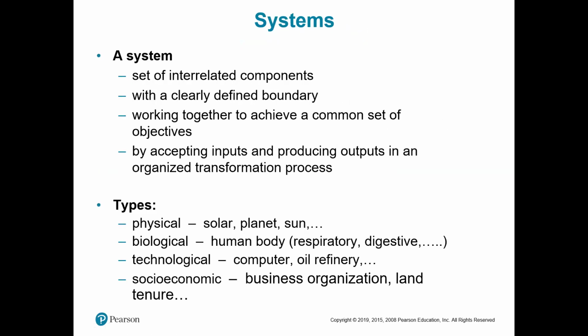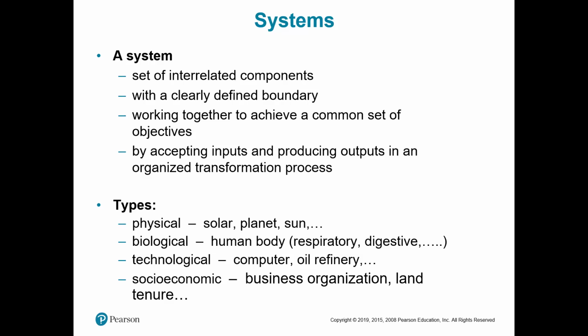So let's look at another definition, which is similar to the first definition. A system is a set of interrelated components, or related components with clearly defined boundaries, working together to achieve a common set of objectives by accepting inputs and then producing output in an organized transformation process.